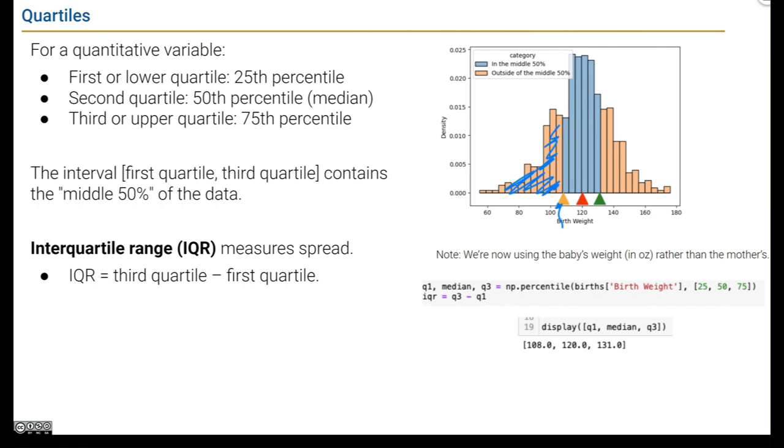The 50th percentile is another name for what we call the median, and that is going to be the point at which half the data points lie below and half lie above. And then our upper quartile, or third quartile, is another name for the 75th percentile. And we often want to capture this range between the 25th and 75th percentiles. And so we give that a name, and it's called the interquartile range.